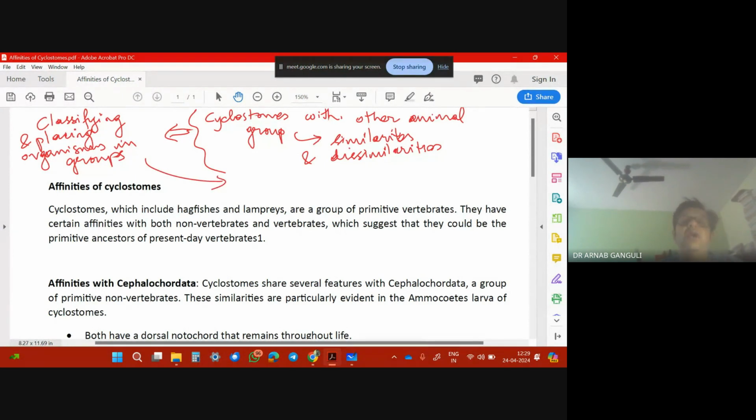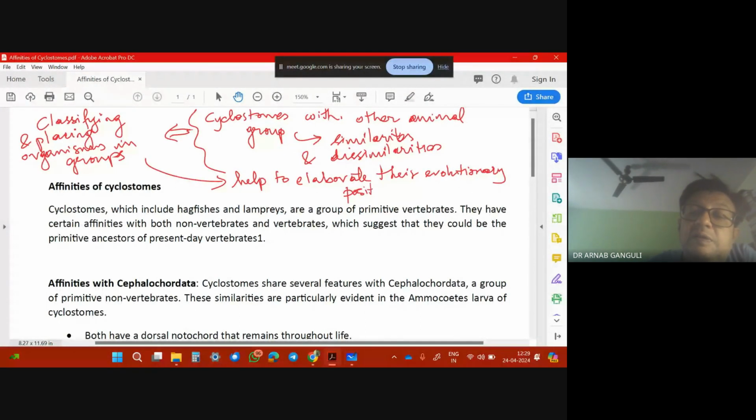It will also help to elaborate on their evolutionary position.